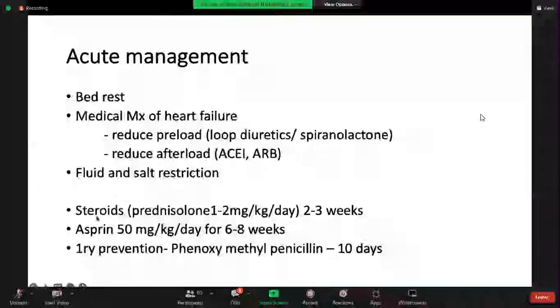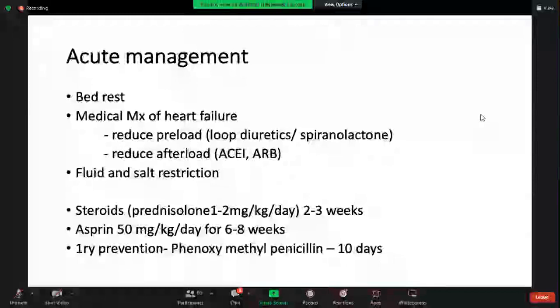And the most important thing here is steroids. So in rheumatic carditis with cardiomegaly, you have to treat with steroids first before starting aspirin. So you start steroids for a few weeks and only then start aspirin. Why? Aspirin usually causes water retention.